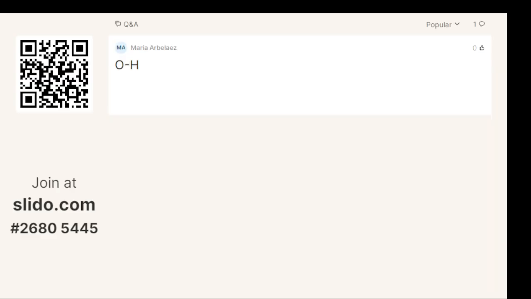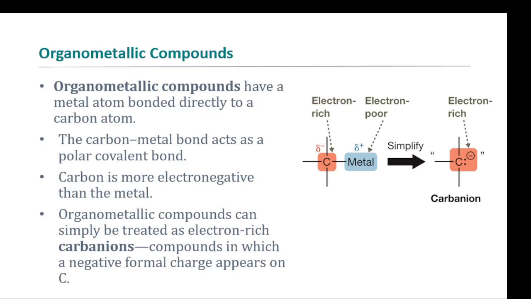Now let's talk about organometallic compounds. These are where we'll start using metals bonding to nonmetals. These are going to have a metal atom that's bonded directly, typically to a carbon atom, because those are the important ones. Specifically, organometallic means carbon-containing bonded to metal, right?